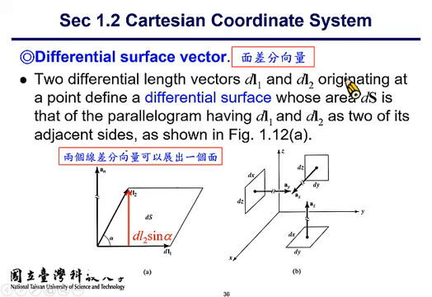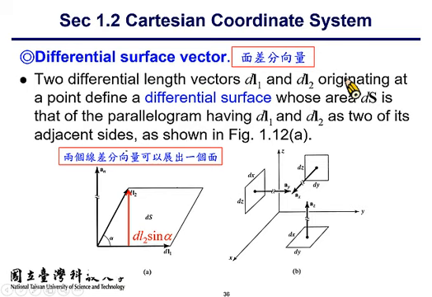Okay, next is the concept of differential surface. So we already discussed the concept of differential length, that is a vector, it has a magnitude that is supposed to be infinitely small, but it has a direction. Now we are looking at the definition of differential surface.